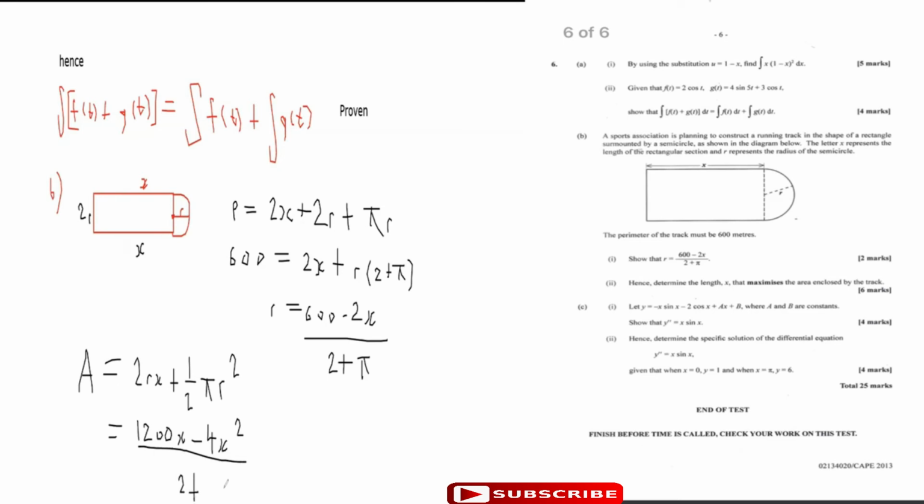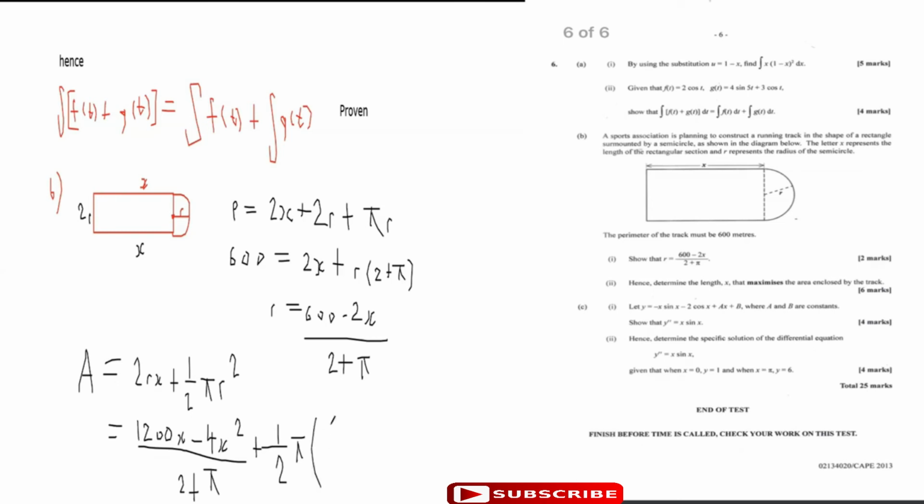So I worked out this side first, plus a half pi r squared. Oh gosh, I'm going to have to square this. Let me try to square the numerator first.